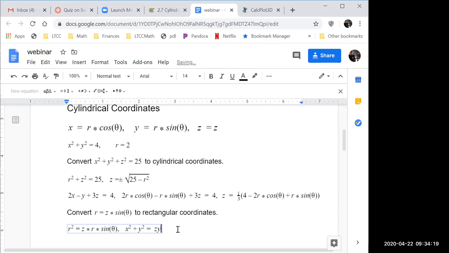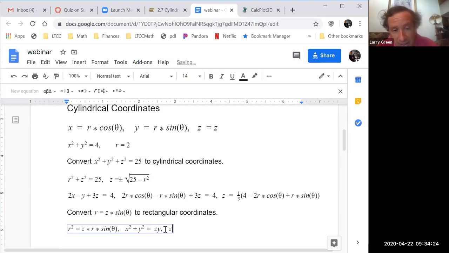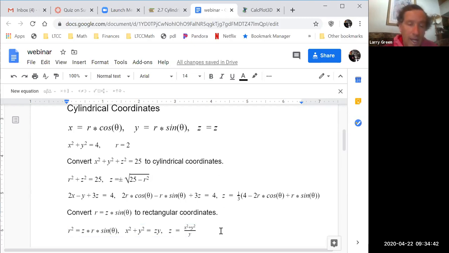Y. And then if I want to solve for z, you just say z is equal to x squared plus y squared on the top, and then we'll have a y on the bottom. And there's my conversion to rectangular coordinates. Any questions at all on this?